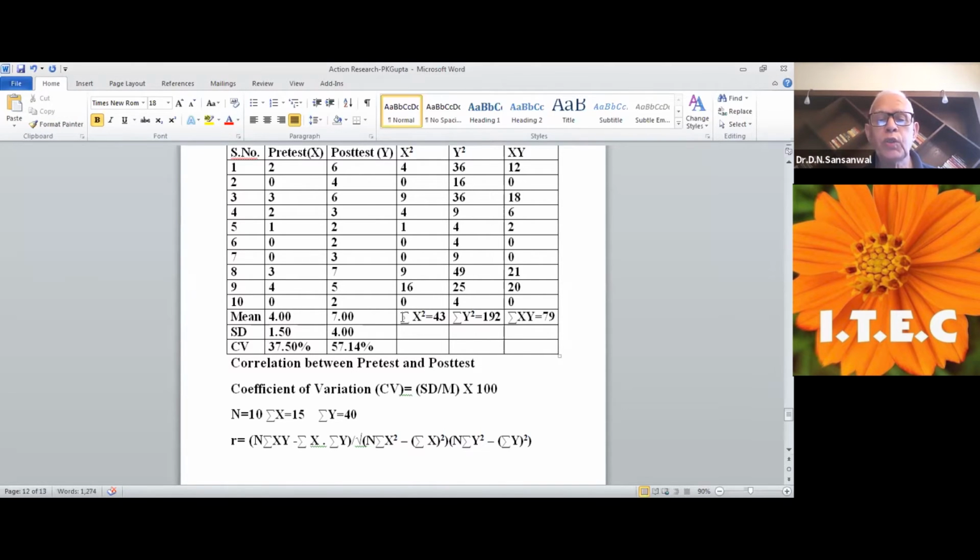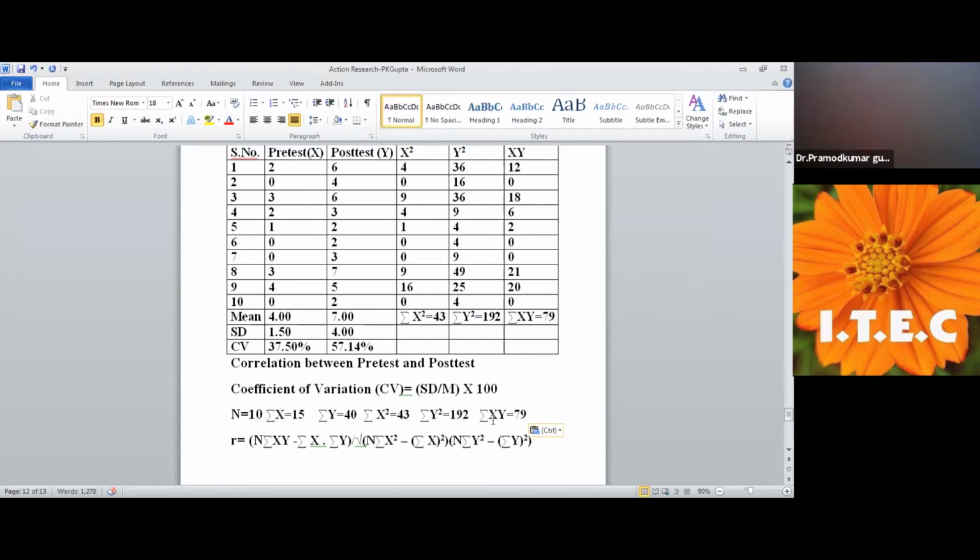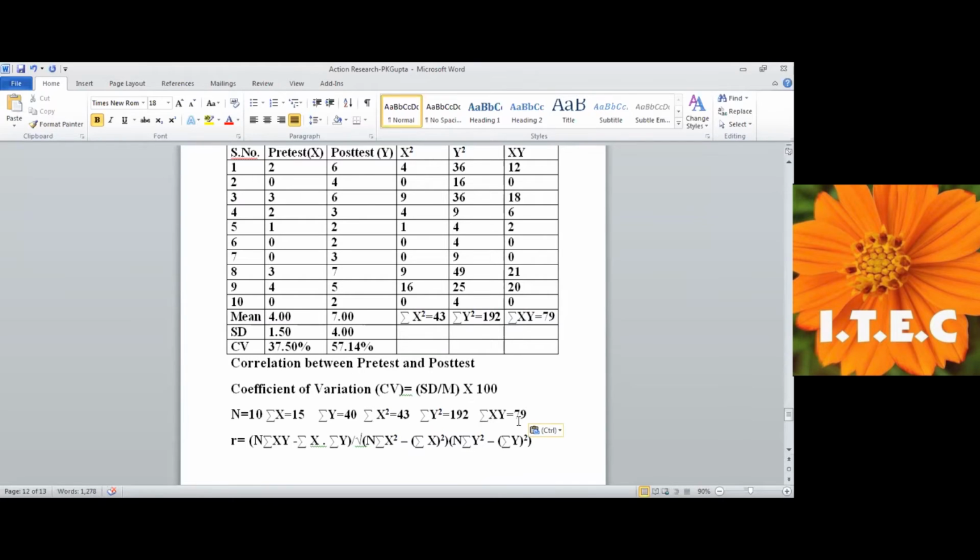And then you know that sigma x square value, and sigma y square value, and then sigma xy value. So you know everything. So you can calculate the value of r.